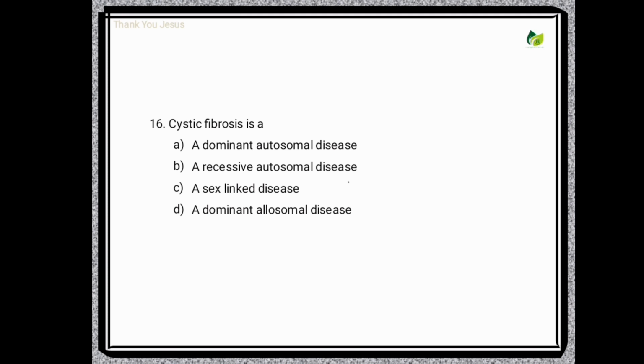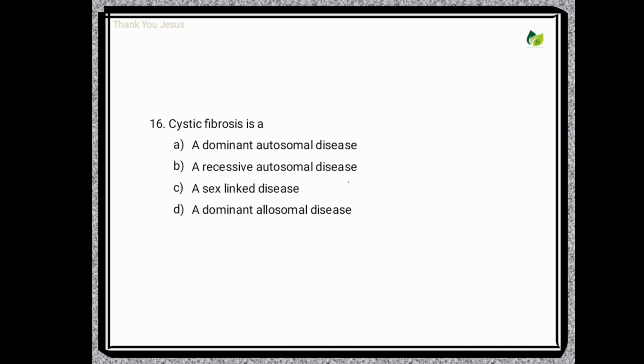Cystic fibrosis is a, options are a dominant autosomal disease, a recessive autosomal disease, a sex-linked disease, a dominant allosomal disease. So, cystic fibrosis is an inherited disease that damages the lungs and digestive system.